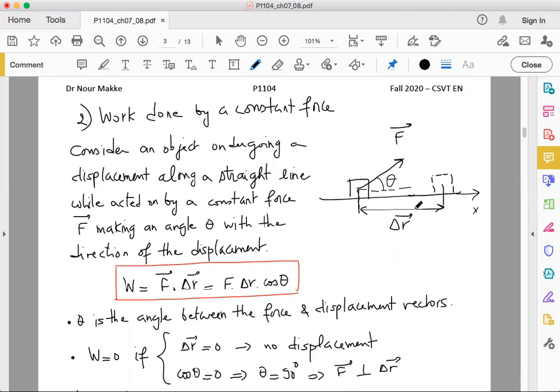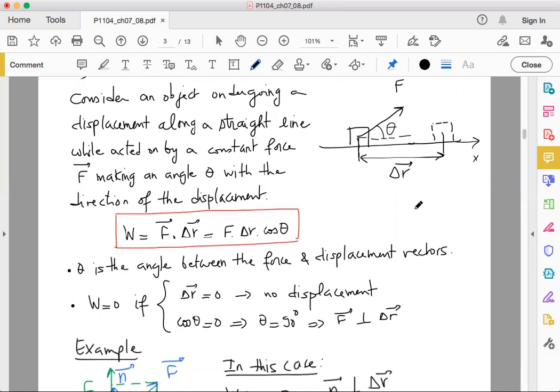So let's discuss what this W could be. First of all, W could be equal to 0. When is it equal to 0? It's equal to 0 when delta R is equal to 0, which means that there is no displacement produced because of the presence of the force F. And also in the case where cosine theta is equal to 0, which means that theta is equal to 90 degrees.